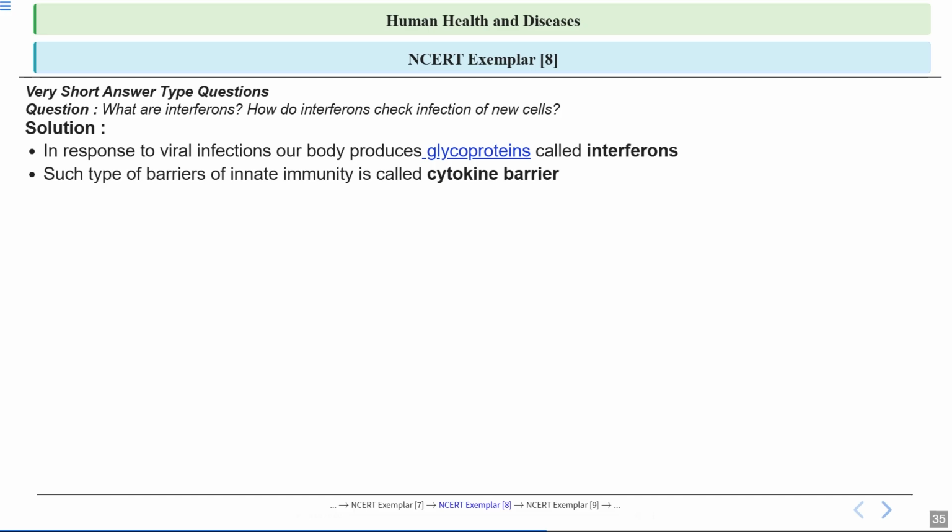Now let's talk about the barrier interferons. Such types of barriers of innate immunity are called cytokine barriers. So interferons come under the cytokine barriers. Interferons protect non-infected cells from further viral infections because interferons are released by virus infected cells.